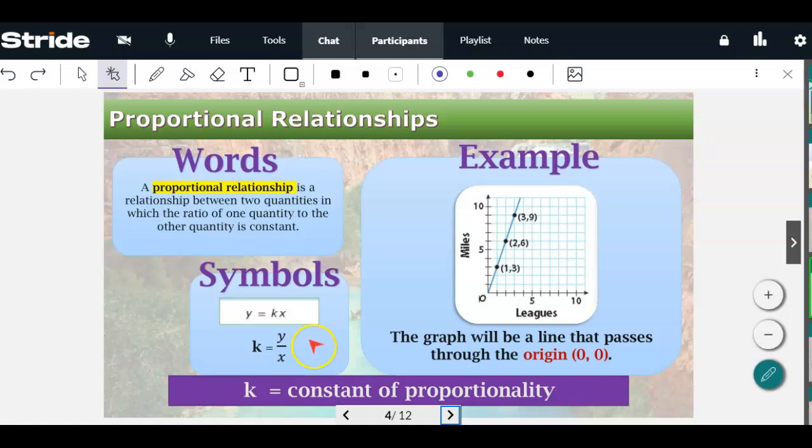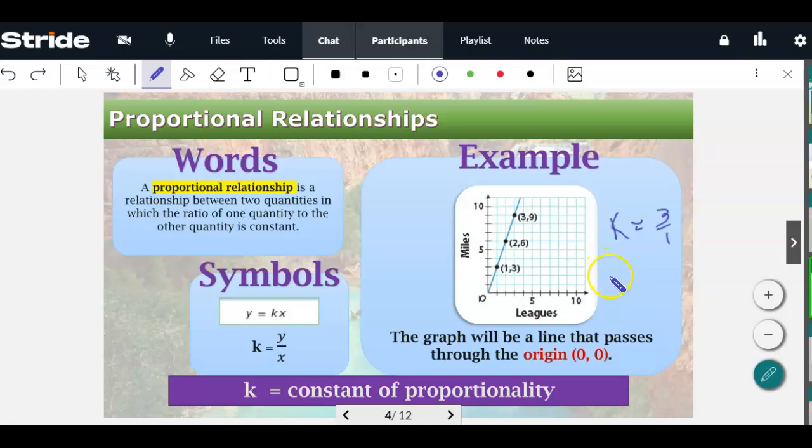But for the equation, we do y over x to get the k, and so we just look at this first point here, or you can look at any point and simplify. So y is 3, x is 1. So that would be 3 over 1 for k. And that does simplify to 3.